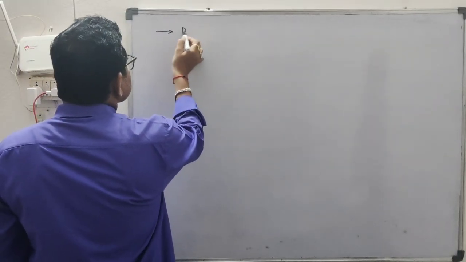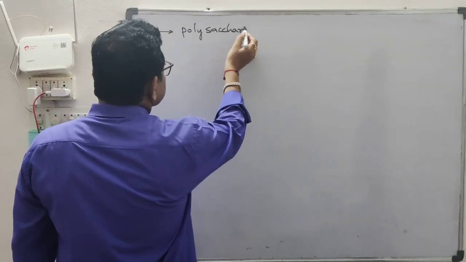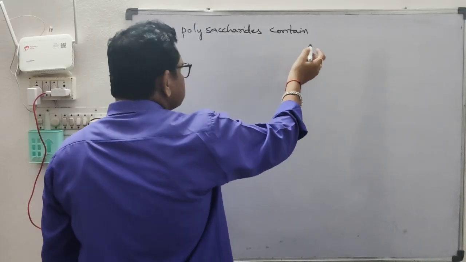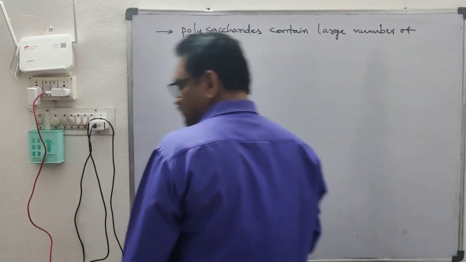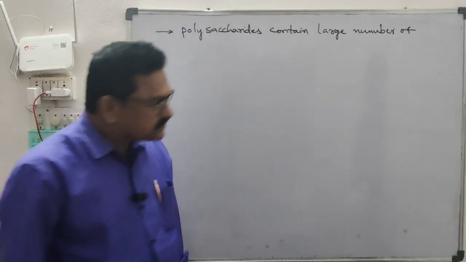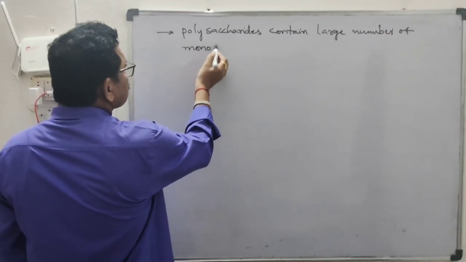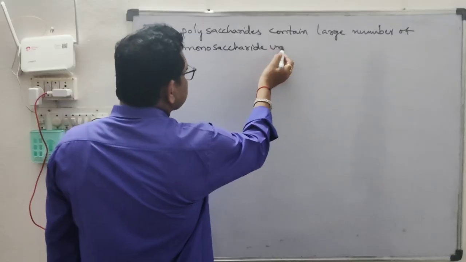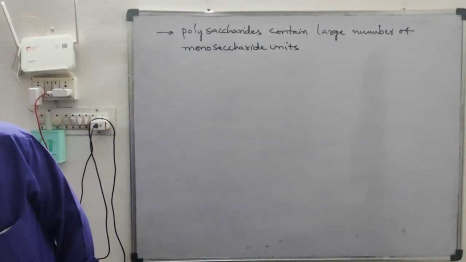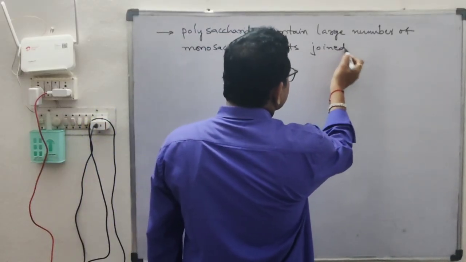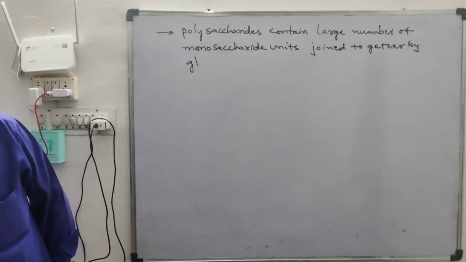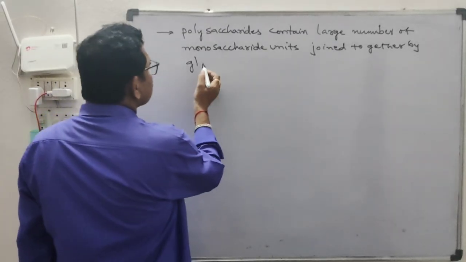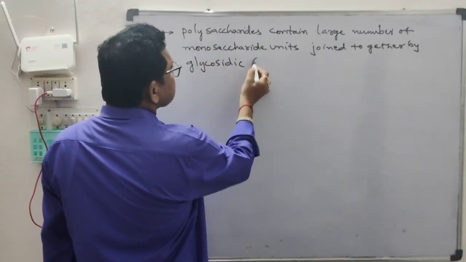See, one word you have to write. Polysaccharides contain a large number of monosaccharide units joined together by glycosidic linkage, that means O linkage.